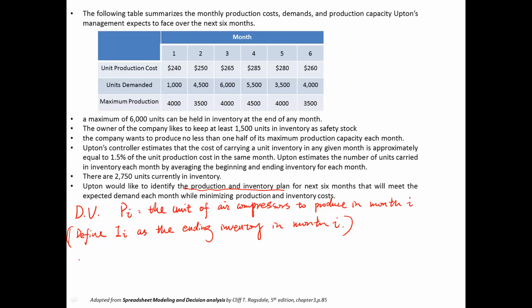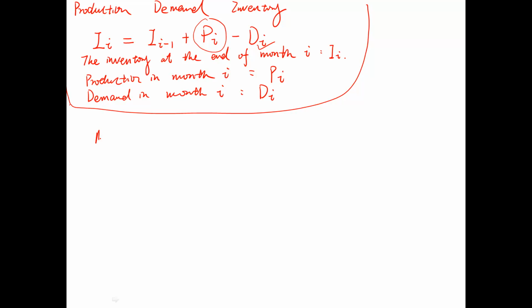Then let's look at the objective function. We want to minimize the production and inventory cost. I'm not writing the function yet. Let me go back to this note page. We want to minimize total production plus inventory cost. Production cost is easy.